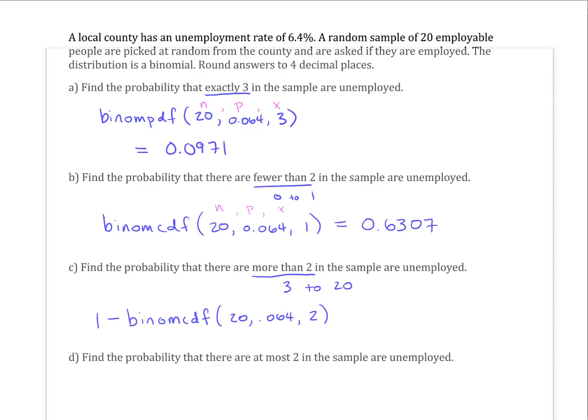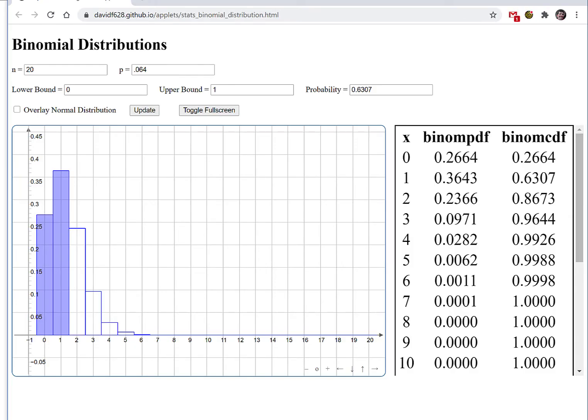So if you look at this histogram, it illustrates what I'm talking about. So what I want to do is I want to find the probability from 3 to 20. So I have, in this situation, shaded the bars representing the binomial PDF probabilities.